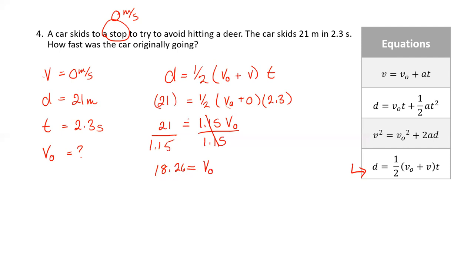I'm just leaving some extra decimals, but you'll notice 2 sig figs, 2 sig figs. So if we round to 2, that's 18 meters per second, using proper rounding. So pretty easy. A little more rearranging in that one, but again, it's always great when one of the velocities is 0 because it simplifies the question quite a bit.